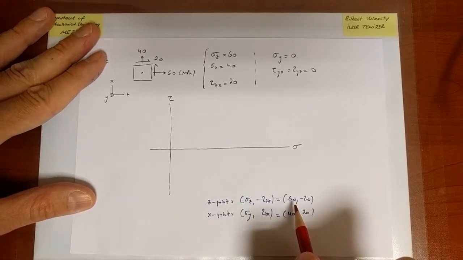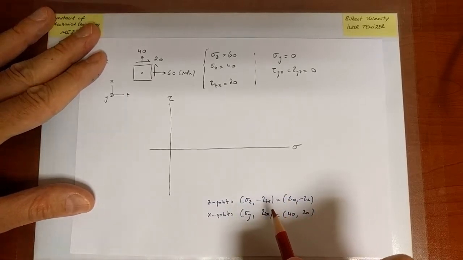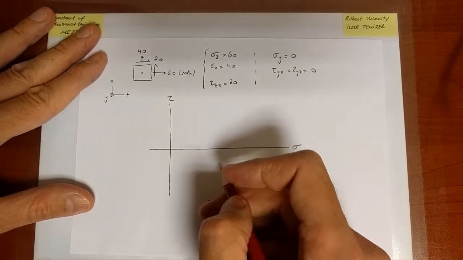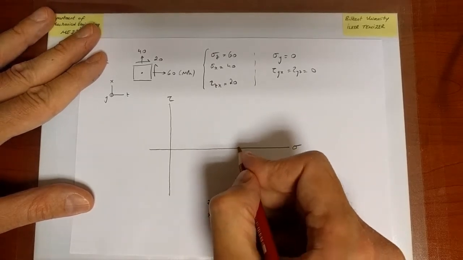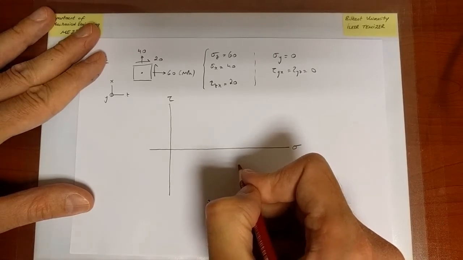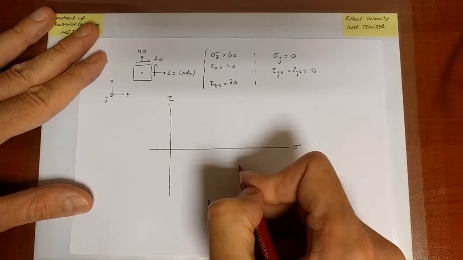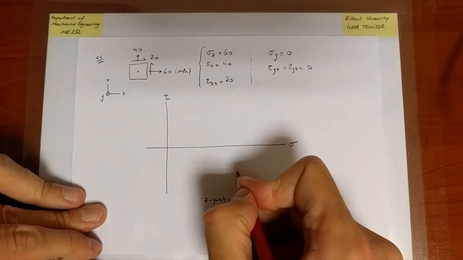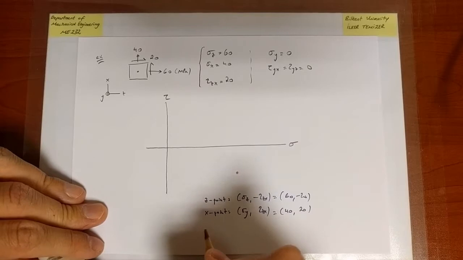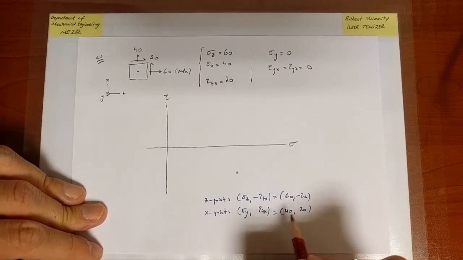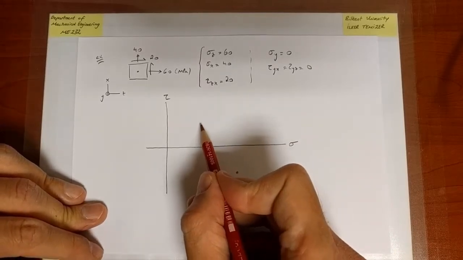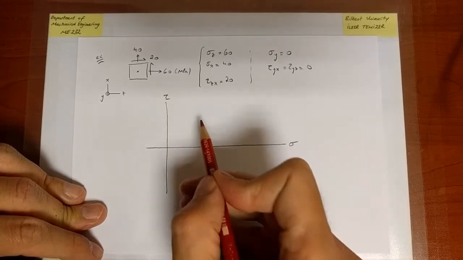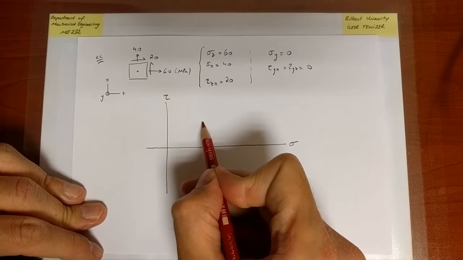So then I'm going to go ahead and put those on our map. So 60 minus 20 is going to go over here. So let's say over there. Maybe a little bit further down. And 40 plus 20, it's going to go up, say there. Okay.